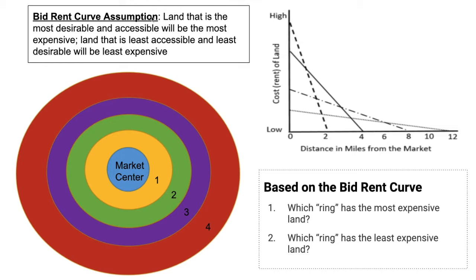So that's the bid-rent curve assumption. There's an inverse or indirect relationship, a negative relationship between the distance from the city center, the distance from the market, and the cost of that land. So, which ring would have the most expensive land? Ring 1. Which ring would have the least expensive land? Ring 4.